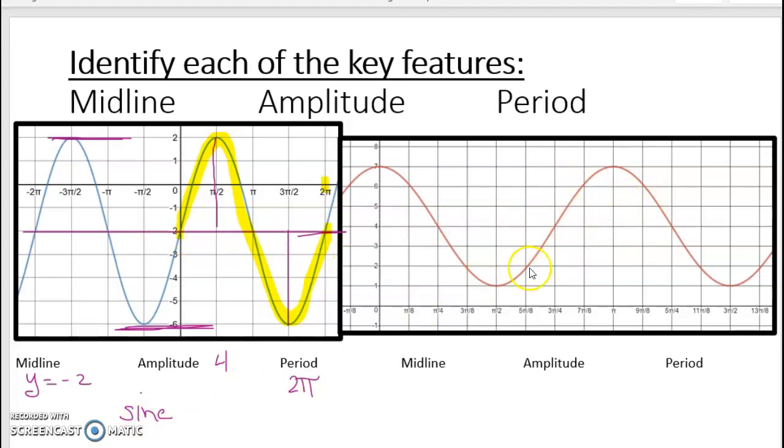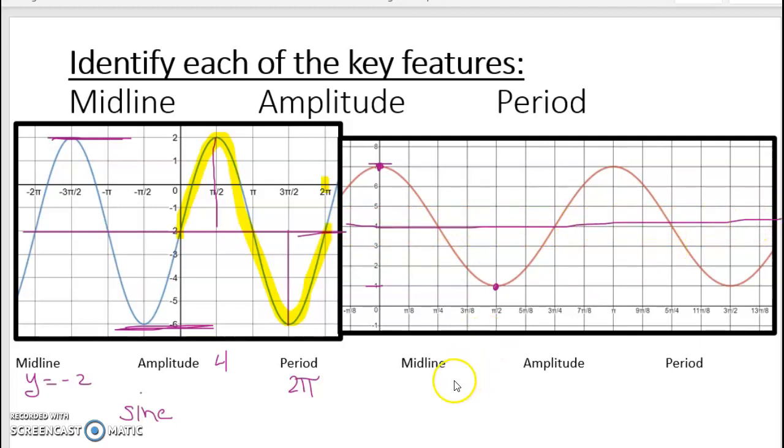Looking at the second graph I have over here, here is my y-axis because there's 0 right there. So this one is starting at its maximum. There's a minimum at 1. The maximum is at 7. That's 6 units apart, so 1, 2, 3 units up should be my midline.